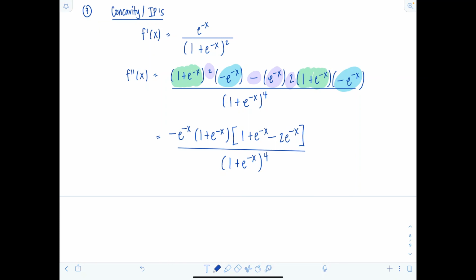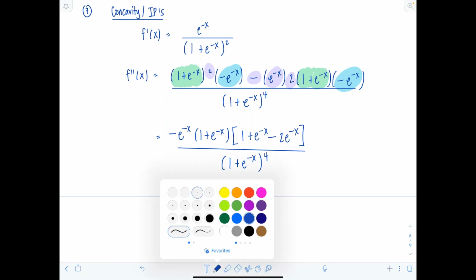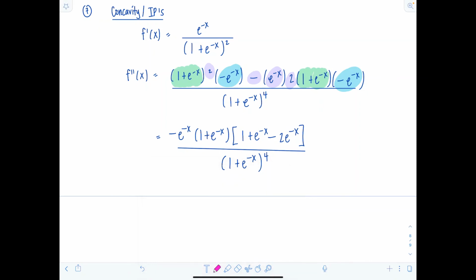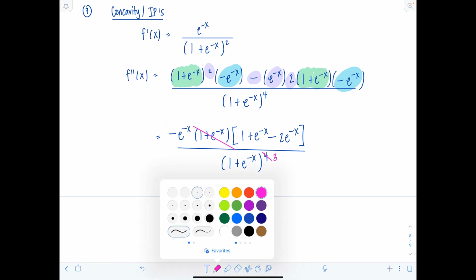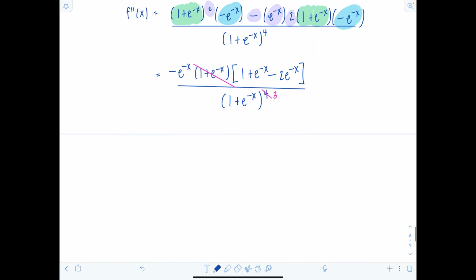You have to be so careful when you're using the quotient rule, especially for second derivatives, that you clean it up correctly. My goodness, what if we made a mistake? Okay, so 1 plus e to the negative x, I can cancel out one of those. Yay. And let's see, anything else exciting? We've got negative e to the negative x times, these are like terms, right?